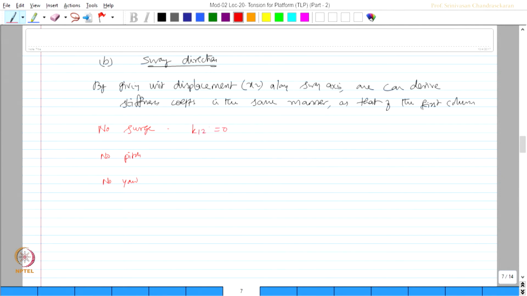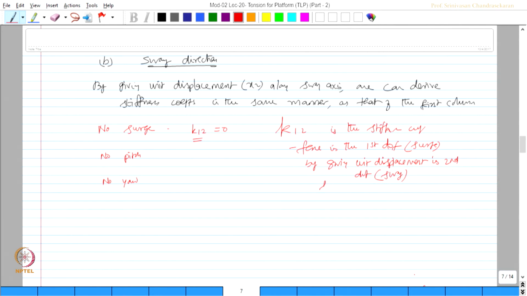will be 0. Please understand how we explain K12. K12 is the stiffness coefficient, that is force in the first degree of freedom, that is surge, by giving unit displacement in second degree of freedom, that is sway, keeping all other degrees of freedom constrained.